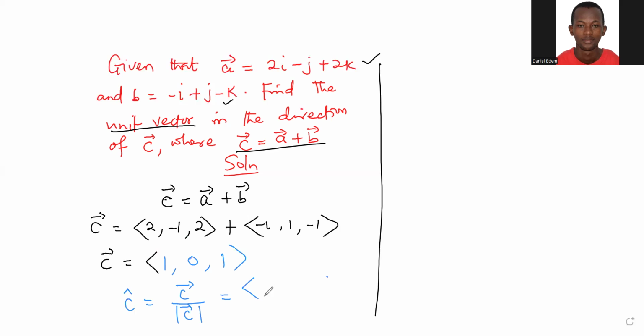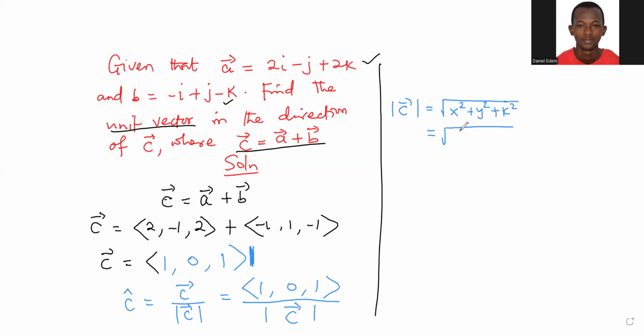So I need to now go and find the magnitude of this vector, because already we have found our C, but we need to go and find the magnitude of C. So this is what we have here as your C. So to find the magnitude of C, this is going to be the square root of x squared plus y squared plus z squared, which is the same as 1 squared plus 0 squared plus 1 squared.